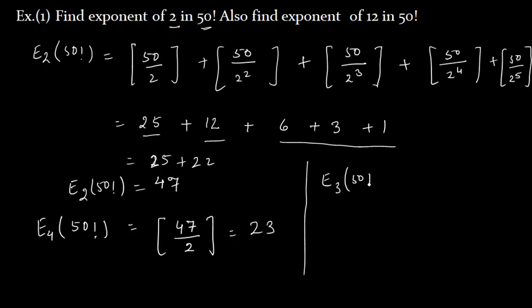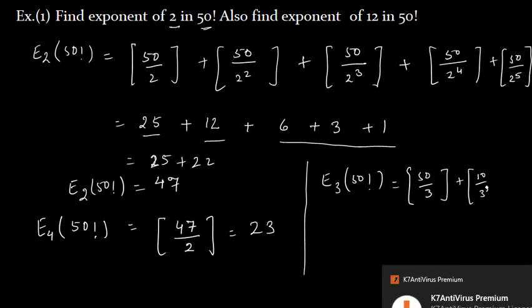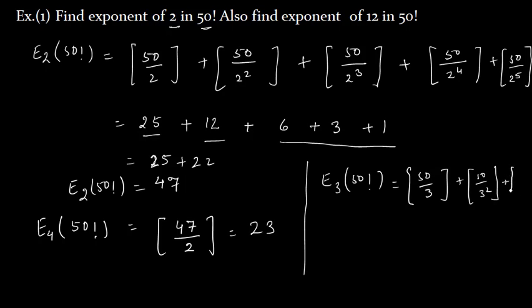Now let us find the exponent of 3 in 50 factorial. This is [50/3] plus [50/3^2] plus [50/3^3]. 50 by 3 is 16. 50 by 9 is 5. 50 by 27 is 1.